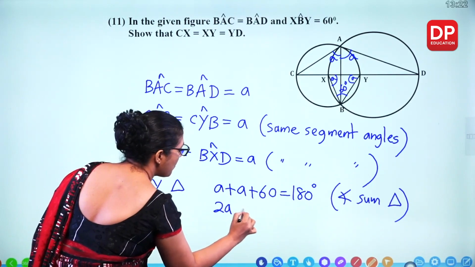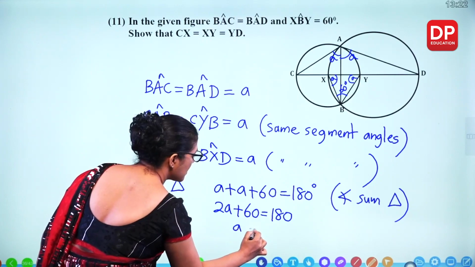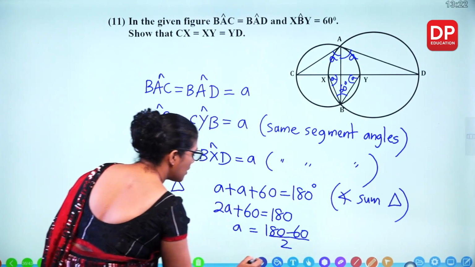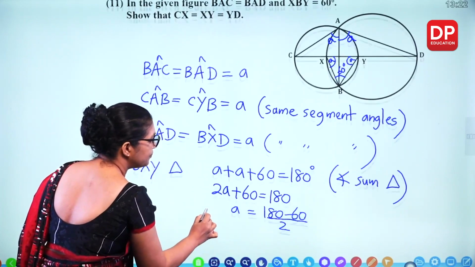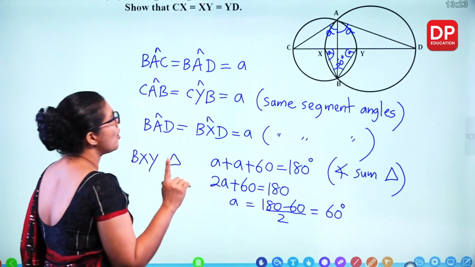Then 2A plus 60 is 180. A equals 180 minus 60 divided by 2. So what's the angle? 60 degrees.